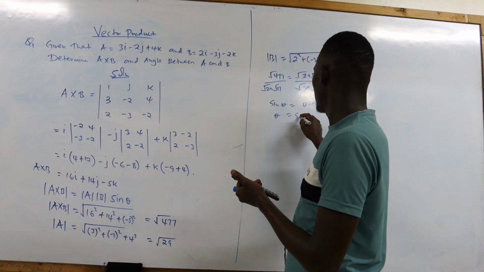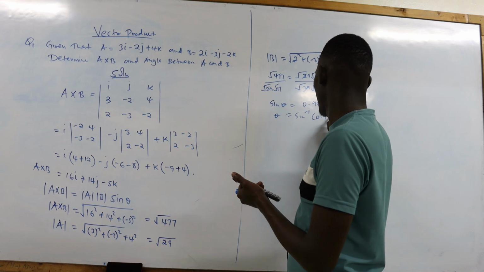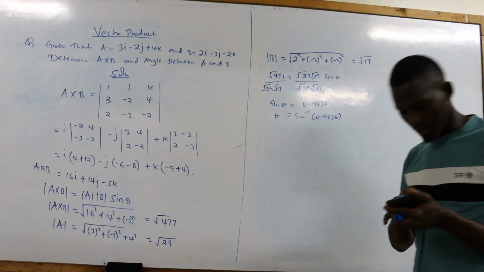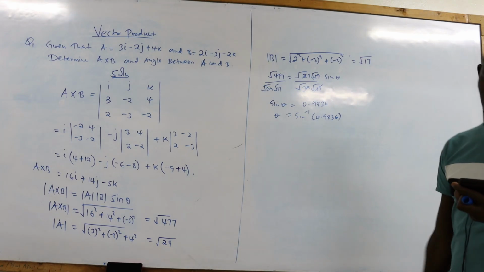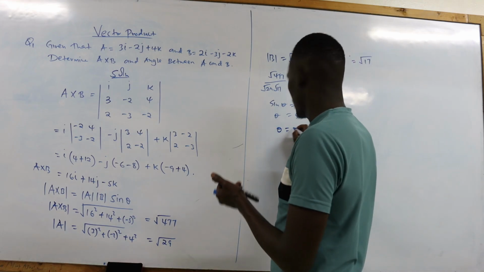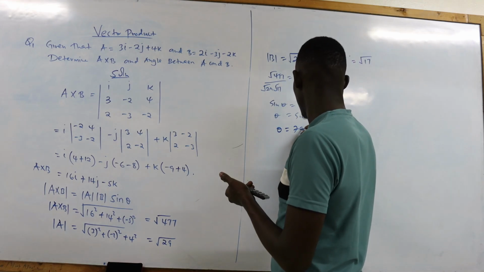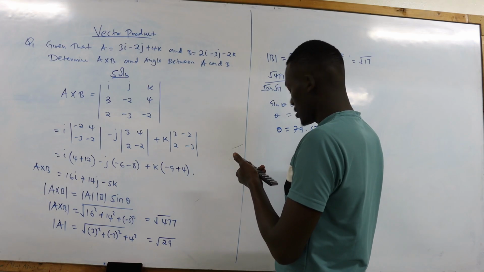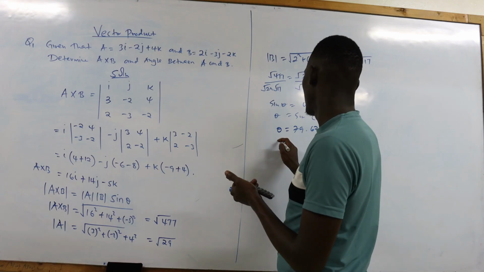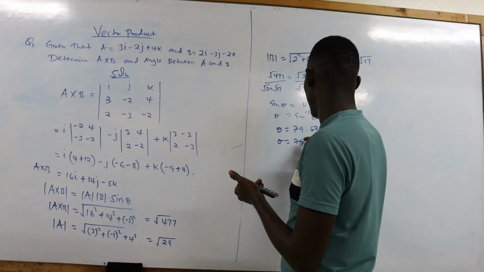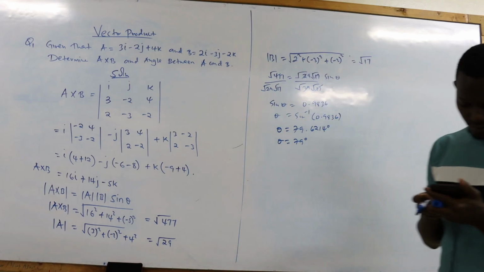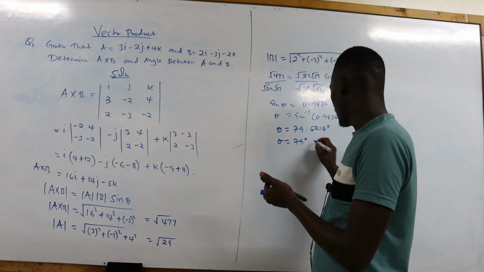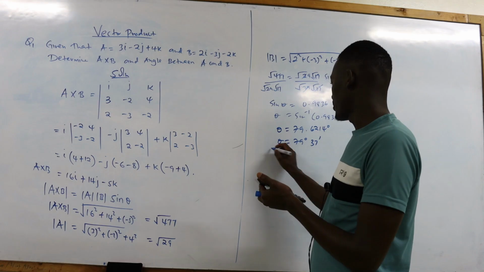For me to get theta, I'll get the sine inverse of 0.9836. So I shift, then sine, which gives me the sine inverse, and my answer is 79.621 degrees, which is the same as saying 79 degrees. I subtract 79 from that, then multiply by 60, and I get 37 minutes.